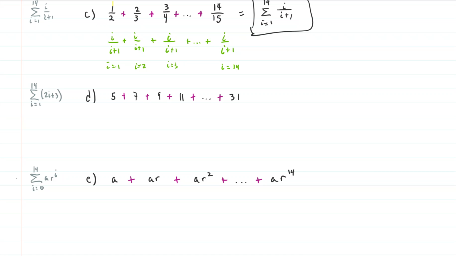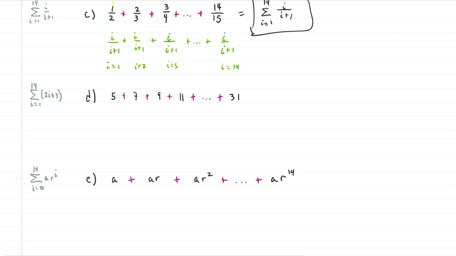So if we go up by 2 each time, we've got to have a 2 in there. We've got to have a counter that moves us along in multiples of 2, but somehow our first one has got to land us at 5. So once we get the first one to land us at 5, and then we are adding a multiple of 2 each time, that would totally work.